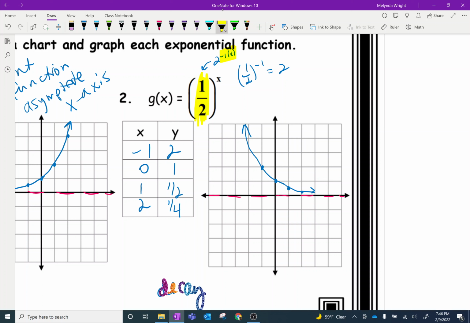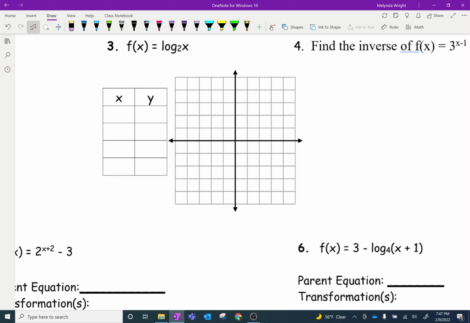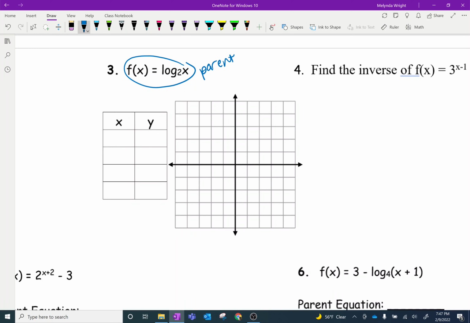Okay, so that's just some practice with parent functions. Let's do one more parent function. Let's do a log parent function. Now for the log, this is the parent function for a log right here. This is a parent because there's no transformations on it. There's no, I don't know, -2 or anything like that. So this is a parent, and the parent has an asymptote. The log parent asymptote is the y-axis.